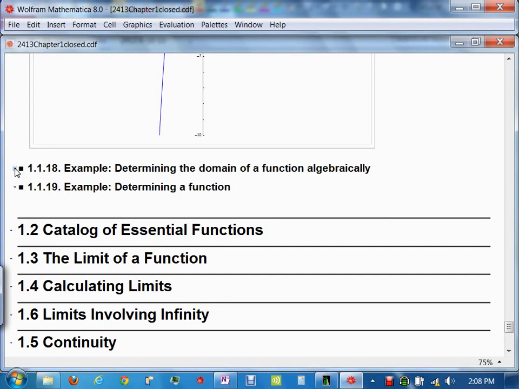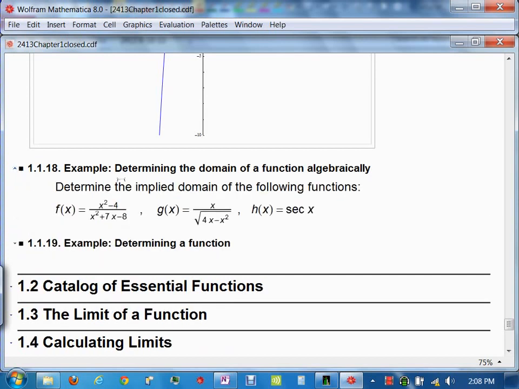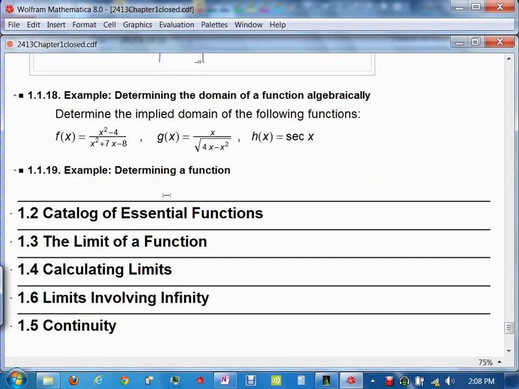Let's try and determine the domain of a function algebraically. Determine the domain of these functions algebraically. So you have those in front of you. Okay, so I'm going to go to a new sheet of paper and write this down.